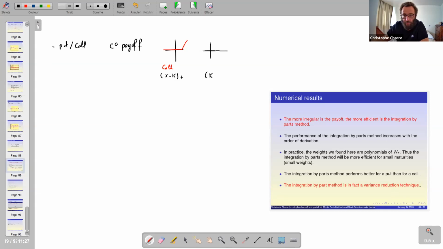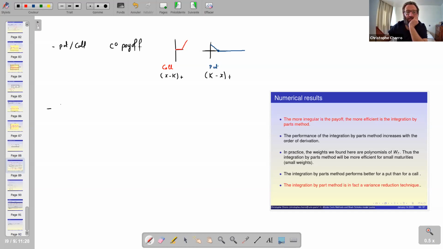And if I represent what happens for the put, if x is greater than k, I obtain 0. I don't have negative values here. It's something like this for the put. So you have a continuous payoff.